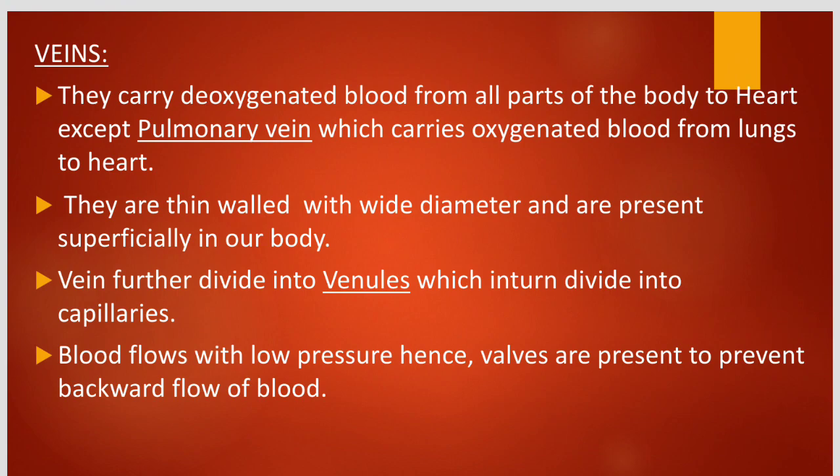The lumen is greater and they are present superficially in our body. Veins further divide into smaller divisions called venules, which in turn divide into capillaries. So the capillaries of arteries and veins are in contact, where the exchange of gases takes place in the lungs.